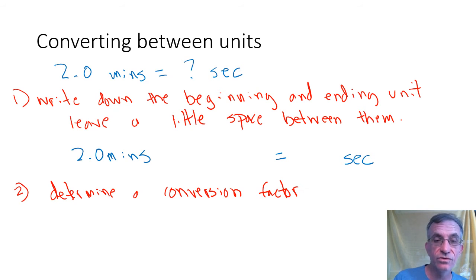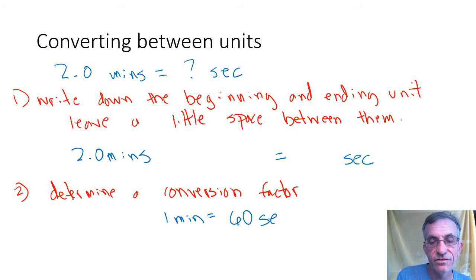If I asked you how are minutes and seconds related, you would be able to tell me, let me switch colors here, that 1 minute is 60 seconds. That idea that maybe you just know off the top of your head, or maybe you look up on that handout, is your conversion factor, all right? So 1 minute is 60 seconds.